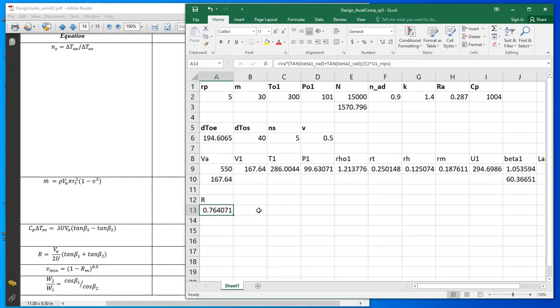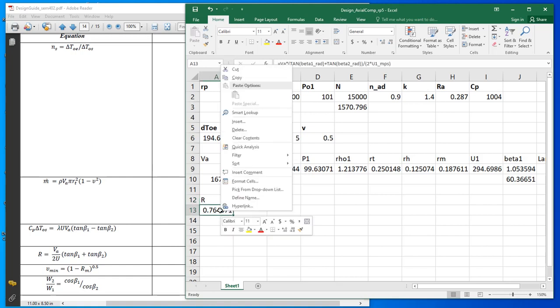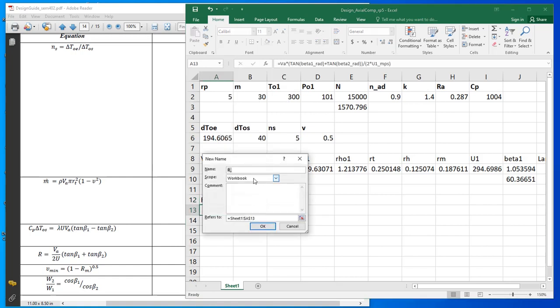So that is your R value. It turns out to be 0.76, and I hope that we are doing things correctly. So let's define the name R for stage 1. So let's call it R1.